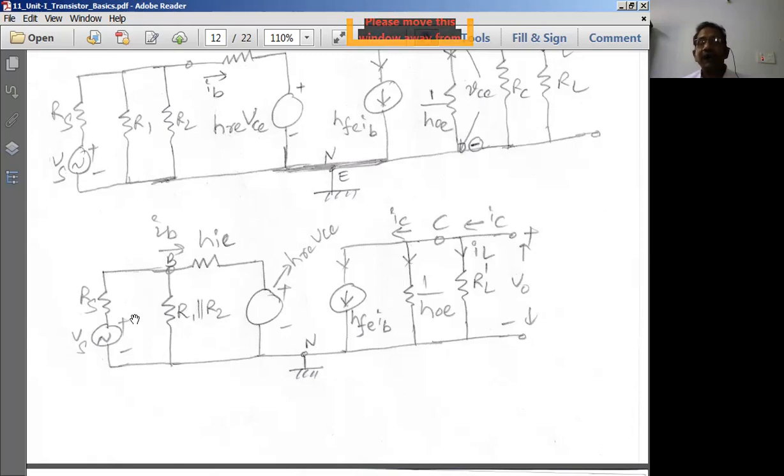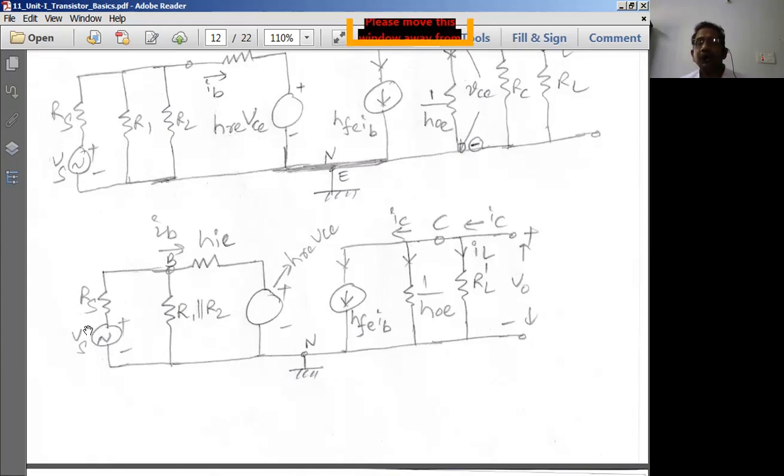So we have analysis in the syllabus. There are two important things in electronic circuitry: one is analysis, another is design. What is the difference between analysis and design? In design, we have to find the circuit components after we know the specifications.